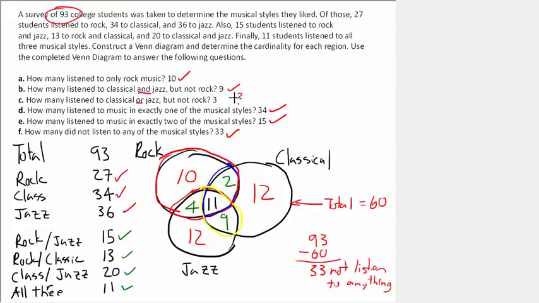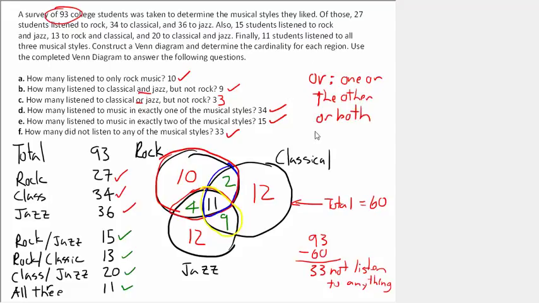I made a couple errors. First of all, I made a typo. This number's supposed to be 33, but that's not the 24 that I counted, and it's because I was thinking incorrectly about or. Or means, that's a colon, one or the other, or both.